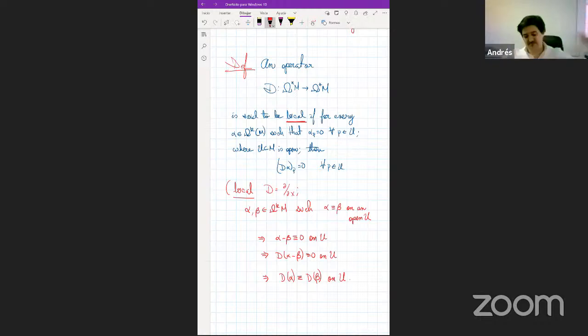The operator is global, takes any differential form on the manifold and does something. But here we have encoded some local information. If on some local space U, something is zero, the differential is also zero. And actually what we will use is that if two forms agree on an open set, the differential will also agree on that open set.